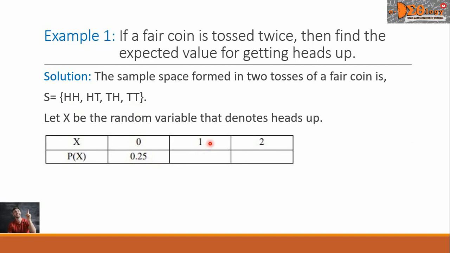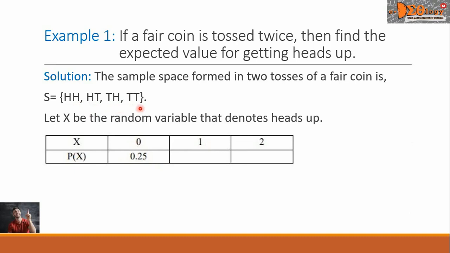When head is 1, there are two sample points corresponding to that, which are HT and TH. So for the probability, that will be 2 over the total number of sample points.